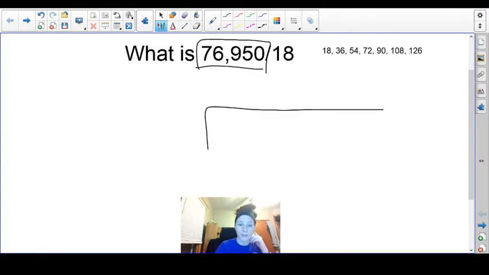I'm going to put it under the division sign. And then the number that I divide by, in this case, the 18, will go on the outside.